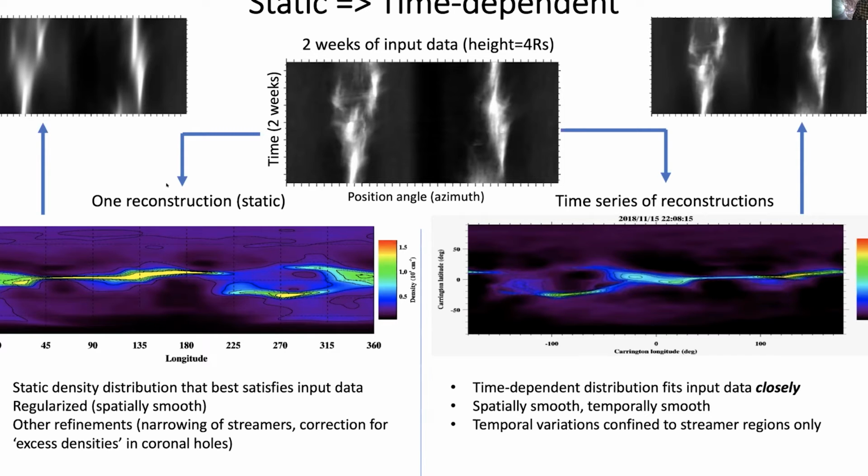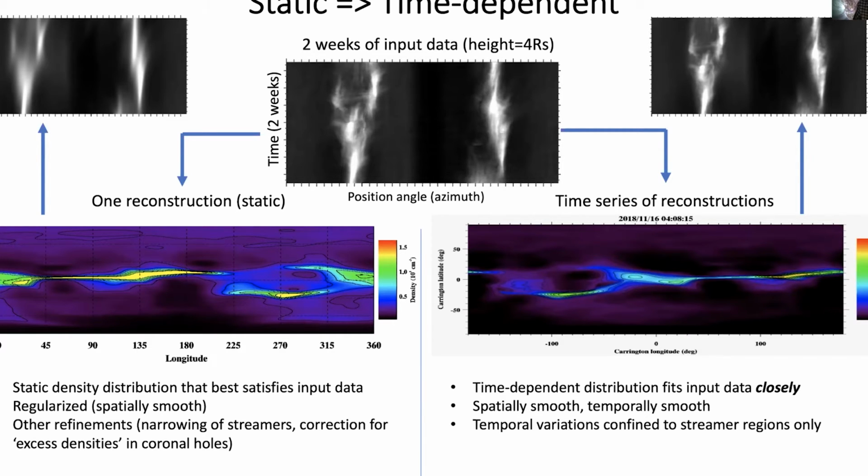Over the years, I've been doing static reconstructions, so you have one density distribution on the sphere that best satisfies the input data. Note this is regularized, so it's forced to find a solution that is spatially smooth. If we take this density distribution, we can create synthetic observations, shown in the top left here, which can be compared to the original observation.